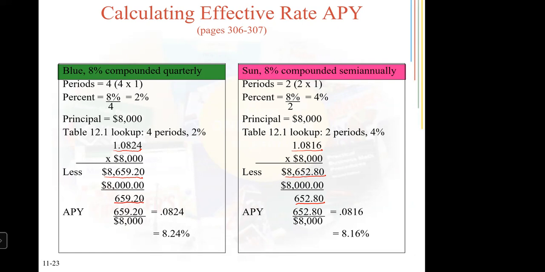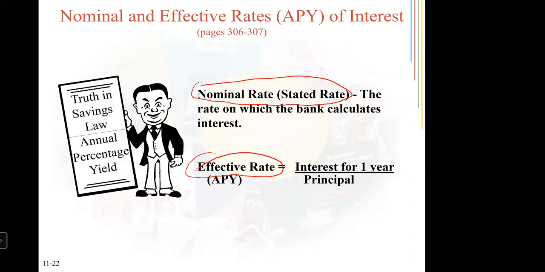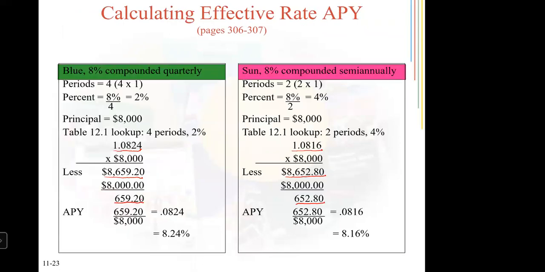And that is why by law in many places, they require you not only to give the stated rate, but you must also give the effective rate. In this case, they refer to the effective rate as the annual percentage yield, because the number of times you compound will actually affect what your effective rate is.